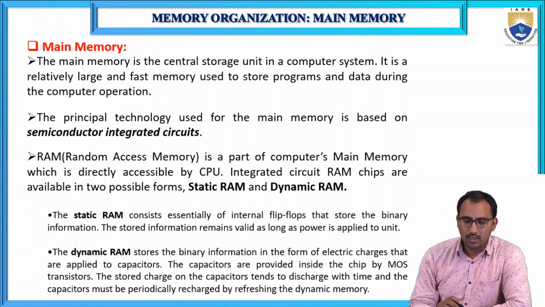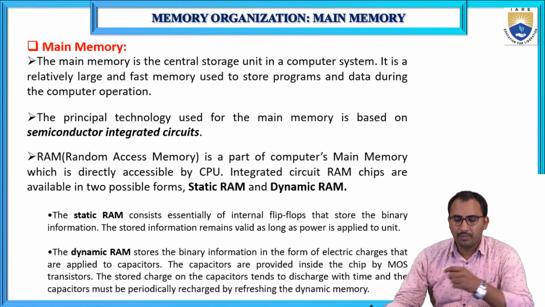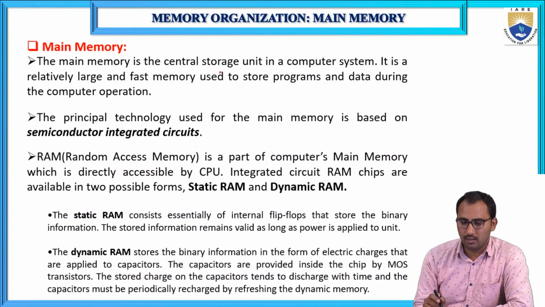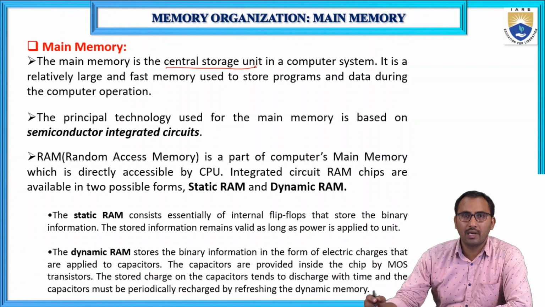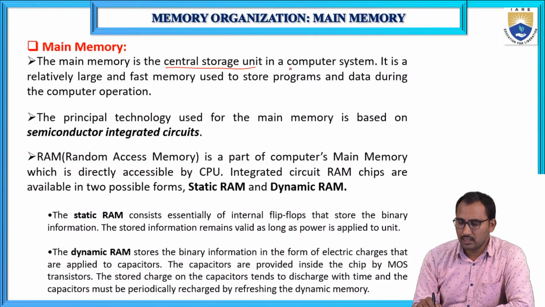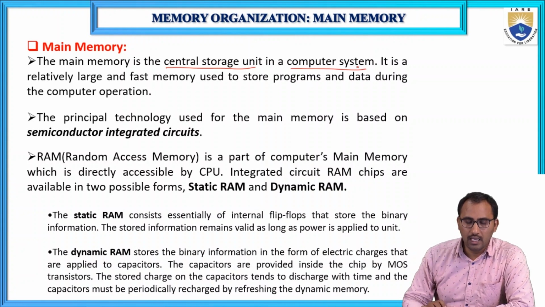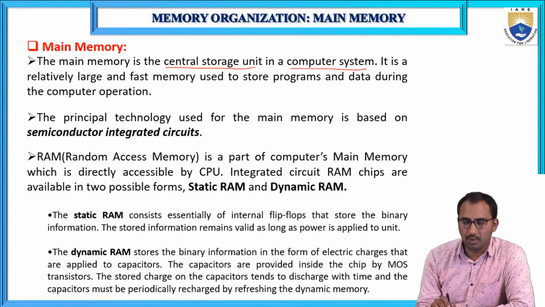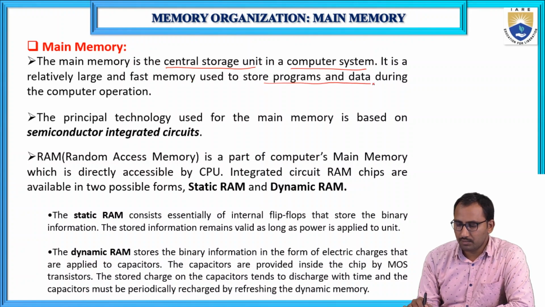So main memory is a central storage unit. Main memory is the central storage unit because from the main memory only the programs will be executed. That's why the main memory is considered the central storage unit in a digital computer system. It is a relatively large and fast memory used to store programs and data during the computer operation.